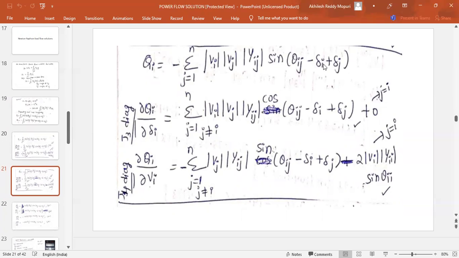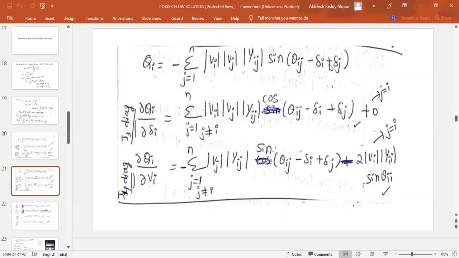Now, we are going to differentiate this Qi with respect to del I. When we are differentiating Qi with respect to del I, we had del I here. Again, we need to split into j is not equal to I case and j is equal to I case. When j is equal to I, what will happen? Minus Vi whole square Yii sin theta ii.